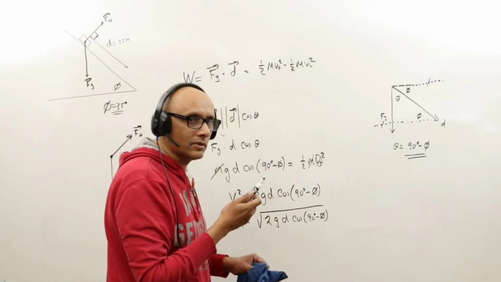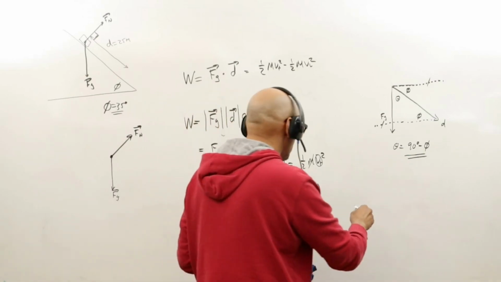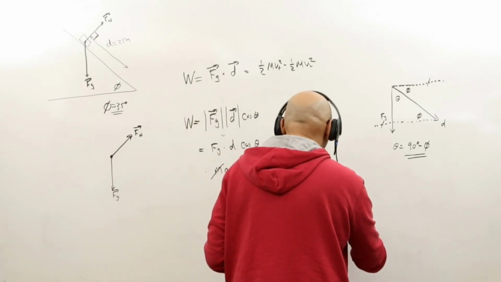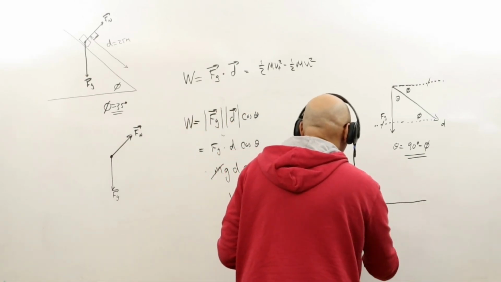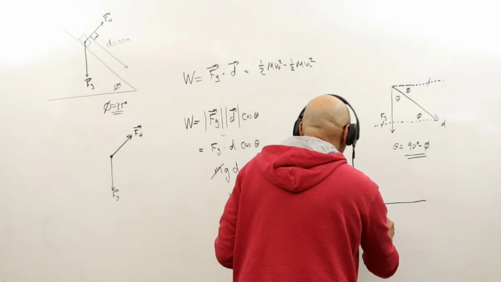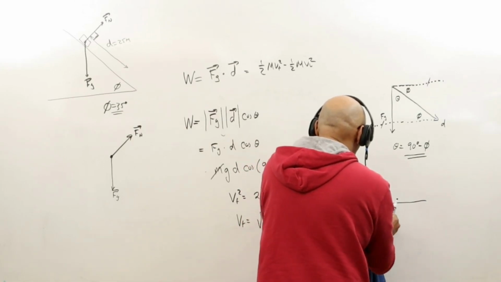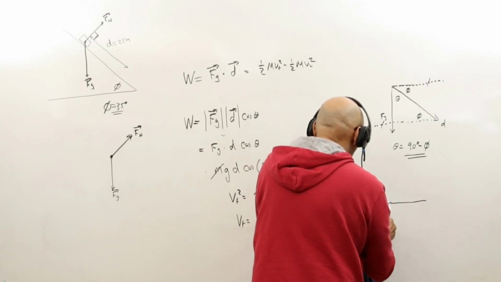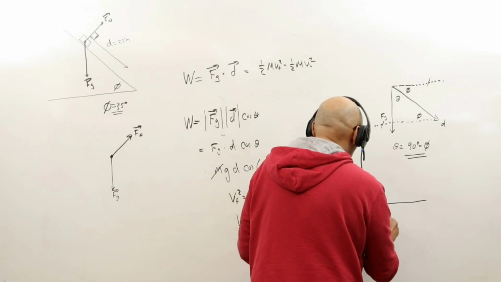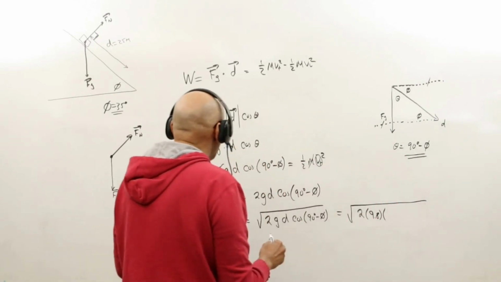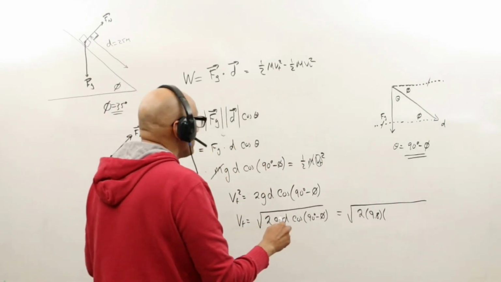Which is equal to the square root of 2 times 9.8, times the displacement, the distance traveled, which is 25.